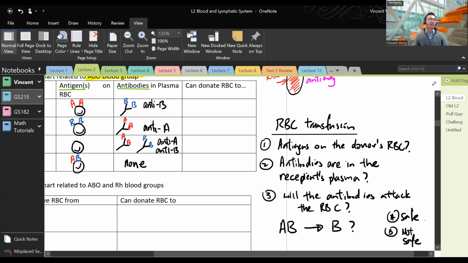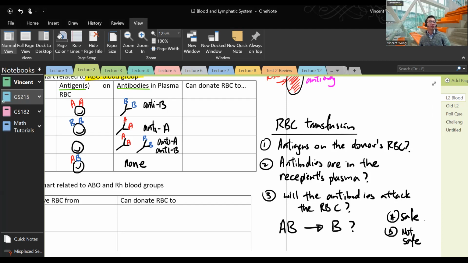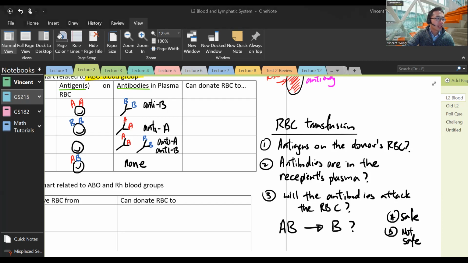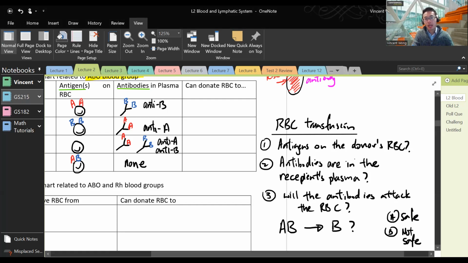What's your gut feeling tell you? Okay, yeah, most of you got it. Very good. Almost all of you said it is not safe. Okay, there's some people who say safe, that's okay. But most of you said it is not safe.